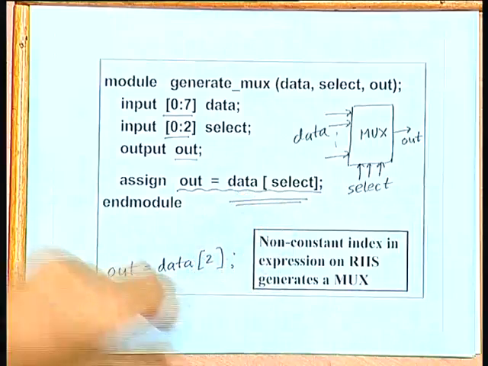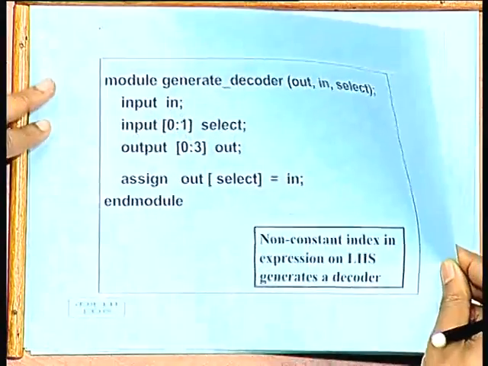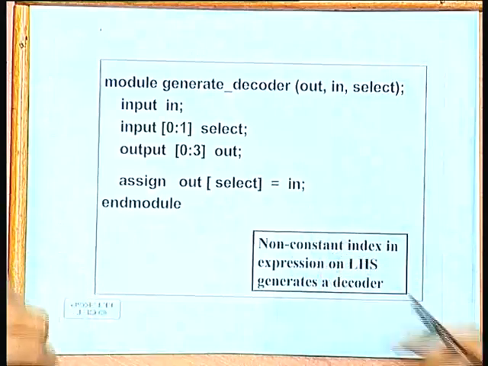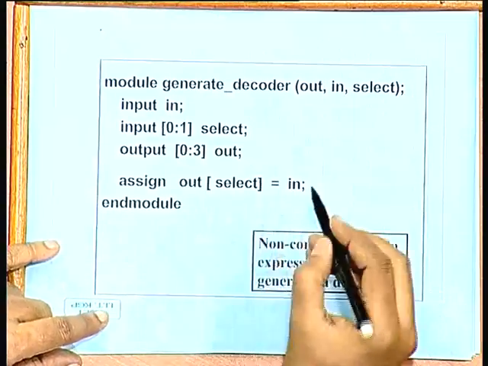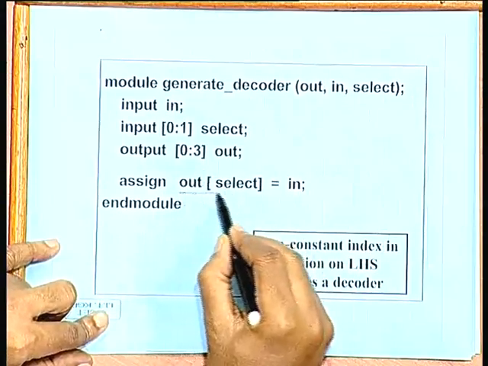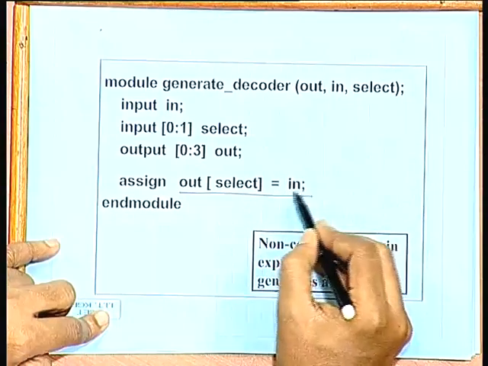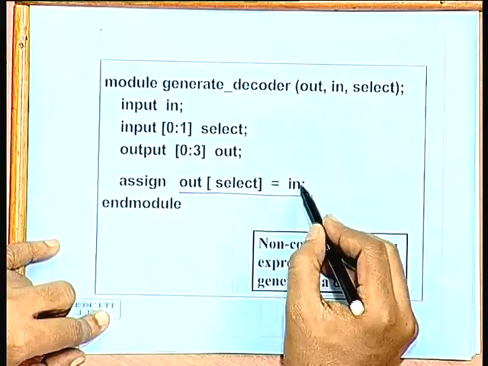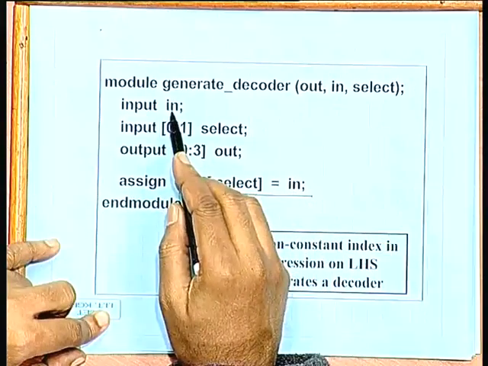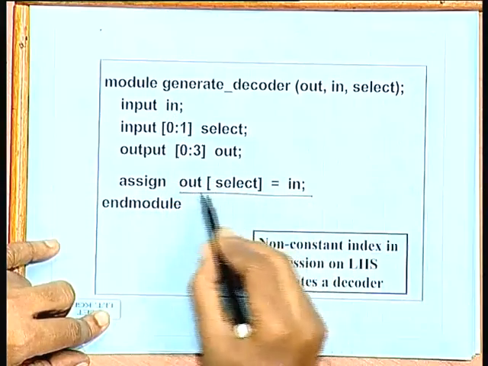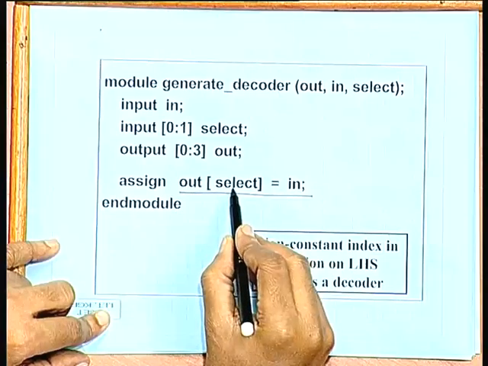Well, this kind of a variable with a variable index, if it appears on the left hand side, like this example shows. In this example, the right hand side does not contain any expression as such, a single input data bit in, but the left hand side contains a variable with a variable index.